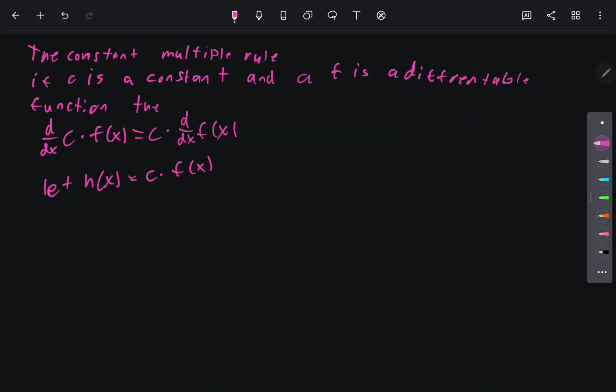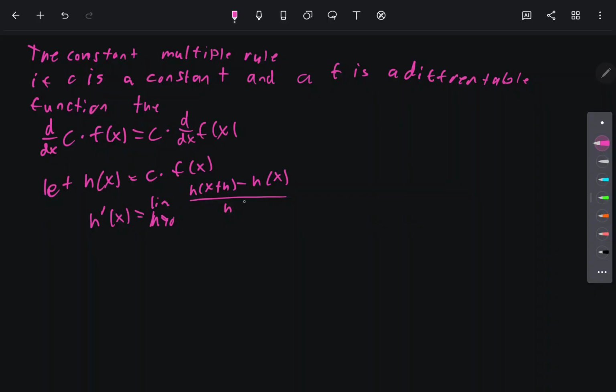So if we want to take the derivative of this function, if I want to know what h prime of x is, we are going to take the limit as h approaches 0, and I realize now that this was a kind of bad choice for h, of h of x plus h minus h of x all over h.